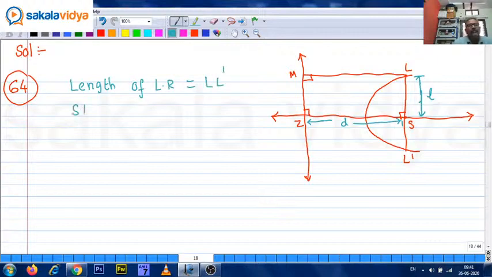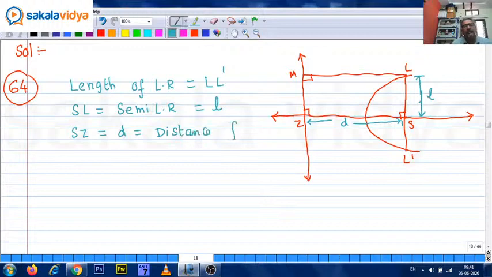SL is the semi-latus rectum, let us say L. SZ is D, the distance from focus to directrix.